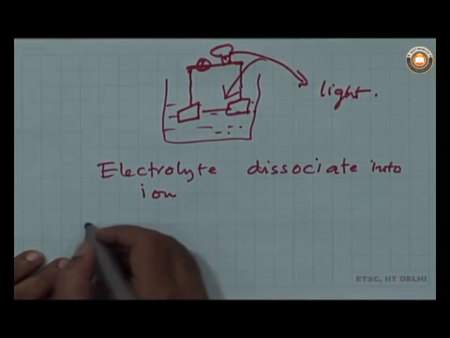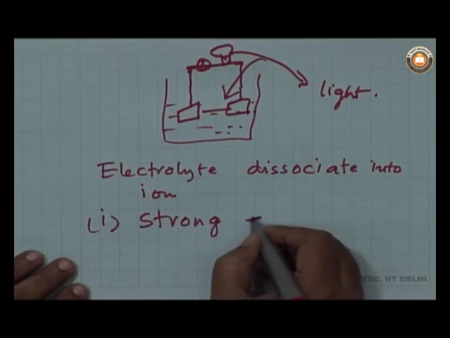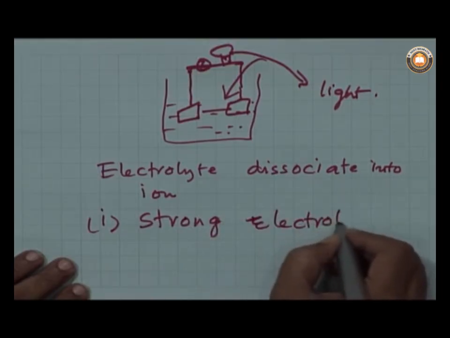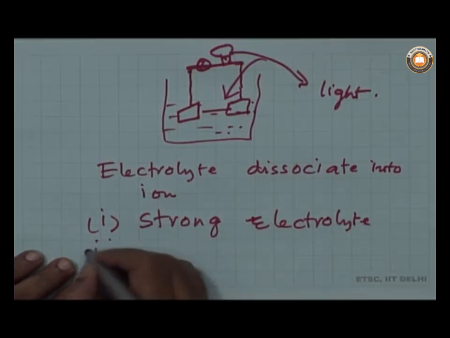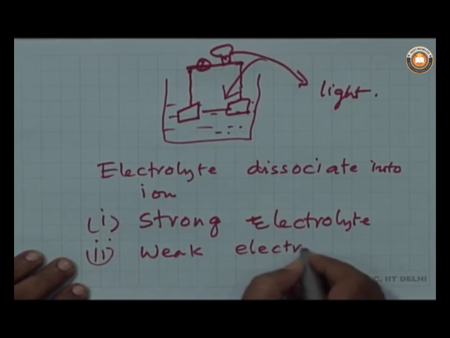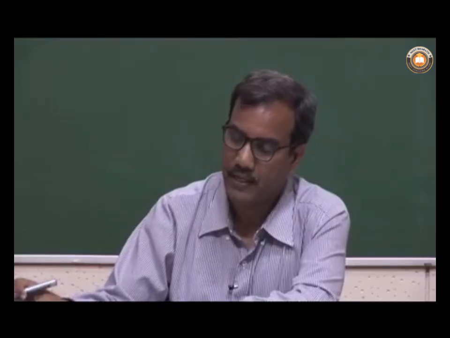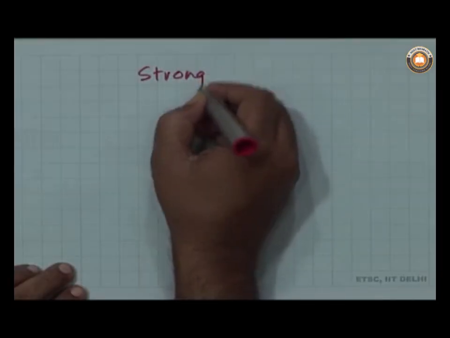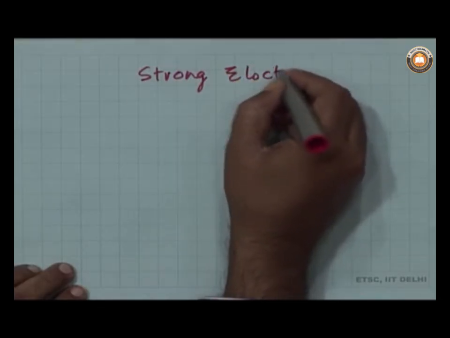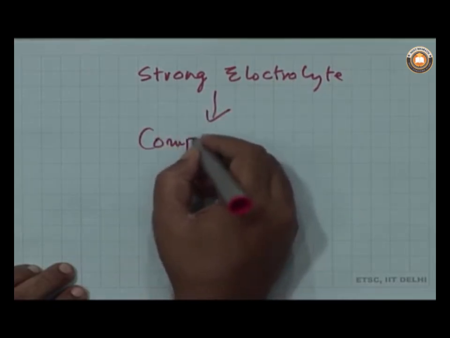There are two types of electrolyte: one is the strong electrolyte, and the second is the weak electrolyte. Now, let us discuss what we mean by each. A strong electrolyte is an electrolyte which completely dissociates in water, almost completely.